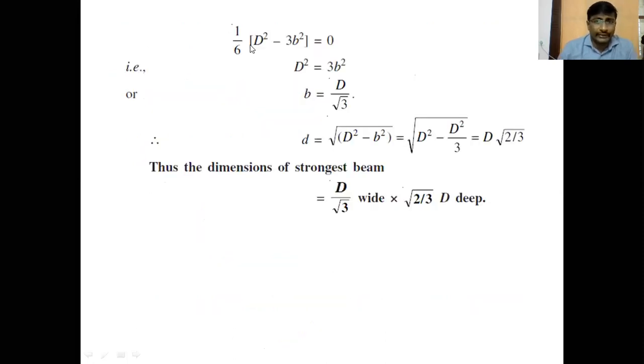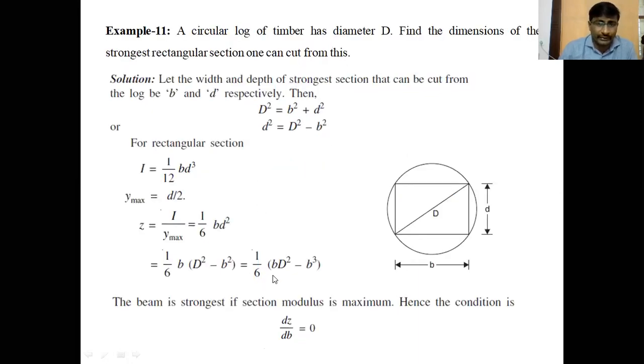After differentiation, we get 1 by 6 (D squared minus 3b squared). 1 by 6 is the constant. With respect to b, bD squared differentiates to D squared, since the differentiation of b is 1.